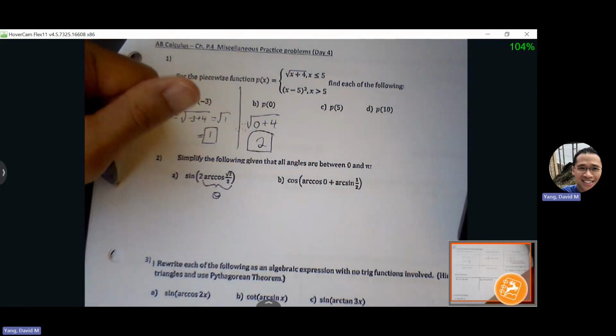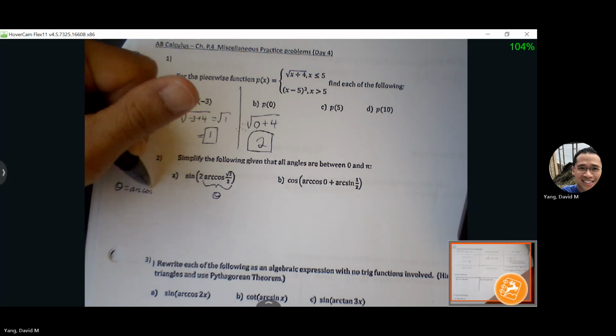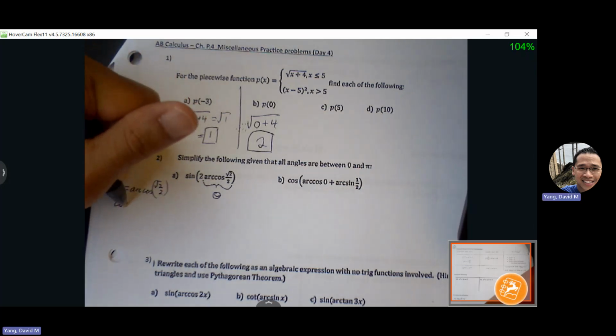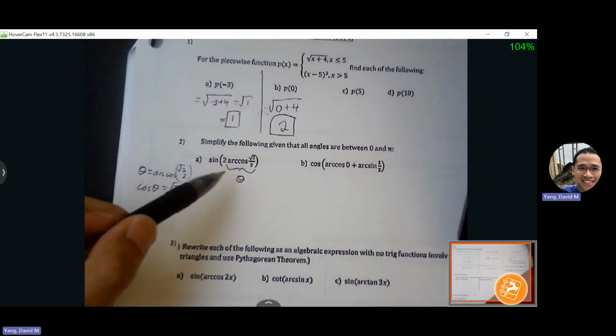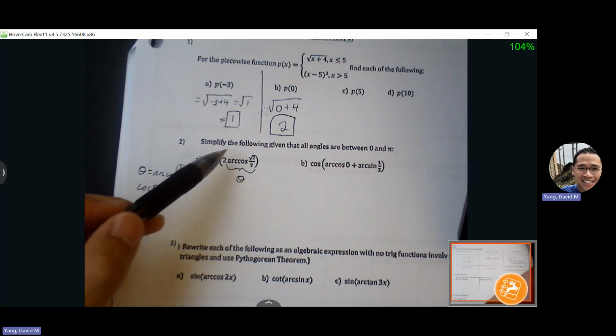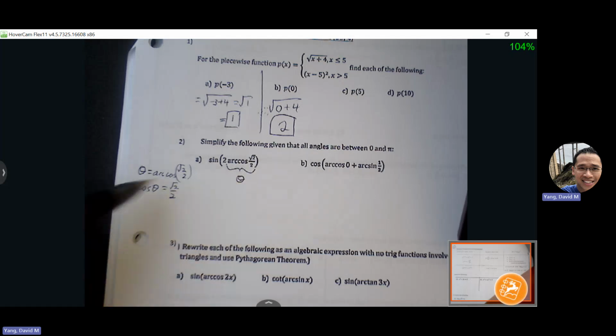So theta is arc cosine of root 2 over 2, which is another way of saying cosine of theta is equal to root 2 over 2. And these all mean the same thing. It's just written in a way that allows an expression to represent theta. So this feels a lot more manageable, right? Think about our unit circle values. Cosine of what radian measure will give us root 2 over 2?